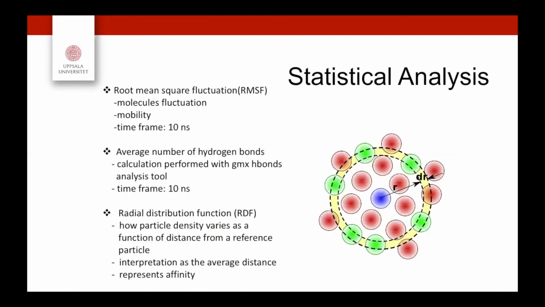Another thing that could be measured from such simulations is, for example, RMSF. So how mobile these molecules are in this equilibrated state, how much they can move, not really a radius, but the displacement from the average position. We can calculate the number of hydrogen bonds formed.